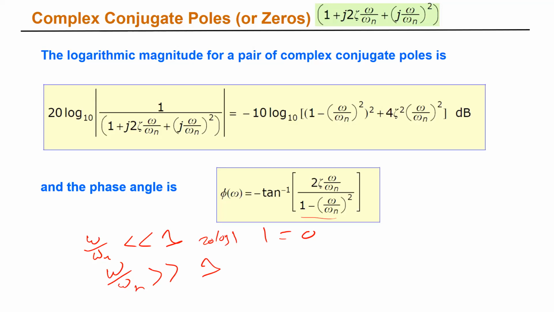Okay. So now, if omega over omega n is much greater than 1, I will ignore the 1 in here. And this is going to be to the power 4. Compared to this one, this term is much bigger. You take the 4 out. So 20 log of the magnitude equals minus 40 dB log omega over omega n.